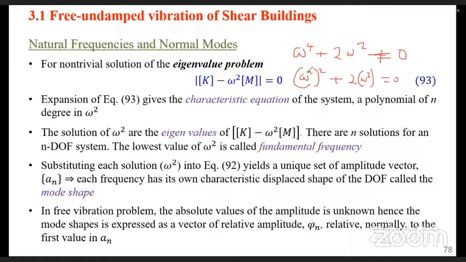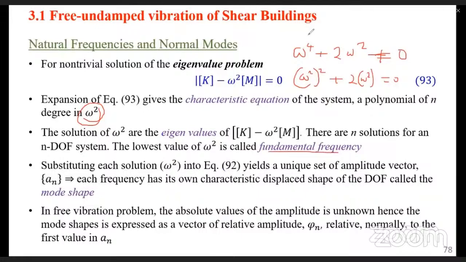It's like this omega squared acts as one unit, like a squared plus 2a equals 0. That's why we are saying our polynomial will be expressed in terms of omega squared, not just omega. And the lowest of it, we call the fundamental frequency of our system.